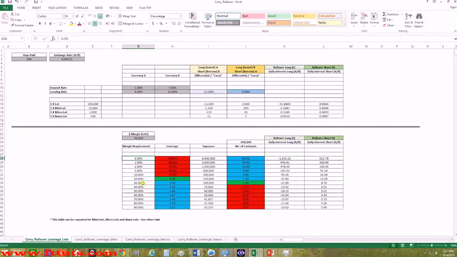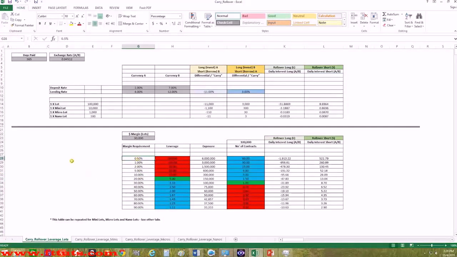So even if the leverage is available from the broker, you may decide that you want to be somewhere here, somewhere between 10 and 30% margin requirement, because at the end of the day, you decide how much you put into your trading account and you decide what your gross exposure is. So when you're looking at these margin requirement numbers, these numbers can represent anything that the broker will offer you in terms of maximum exposure, but also it can represent what you want to do yourself.